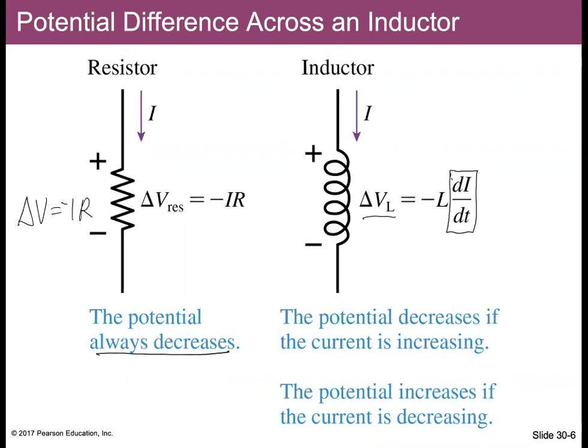So if the current is increasing, that means that di/dt will be greater than 0. And if di/dt is greater than 0, that makes the right side of the equation negative. So delta V sub L will be less than 0. So the potential will decrease if the current is increasing.